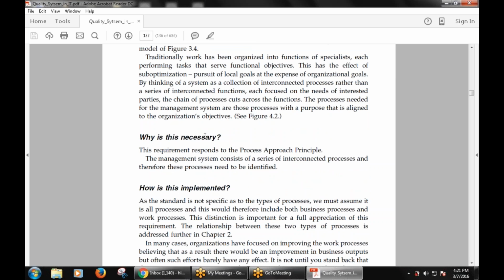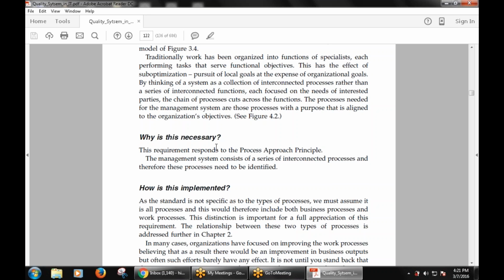Now, why is it necessary to identify the processes? Because this requirement responds to the process approach principle. There is a process approach principle that is applicable for the organization, known as the process approach principle.